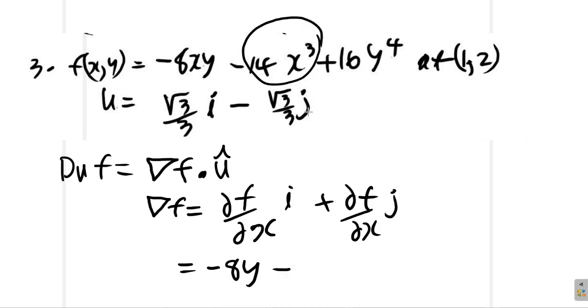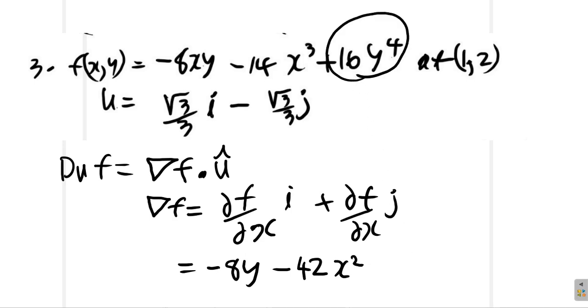Minus, this part is going to be 3 times 4x, so 3 by 4 is what? 12. So it's 12x to the 3 minus 1, which is 2. This part is just 0 because we're treating y as if it's a constant.